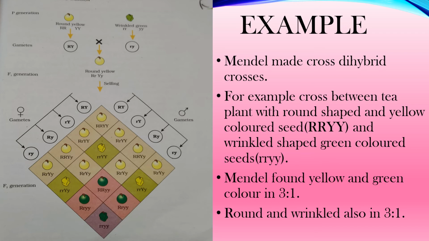Two new combinations, that is recombinations, were also obtained. They were round and green, and the second one was yellow and wrinkled. Such combinations were obtained in 3:3. So this was the example of dihybrid cross.